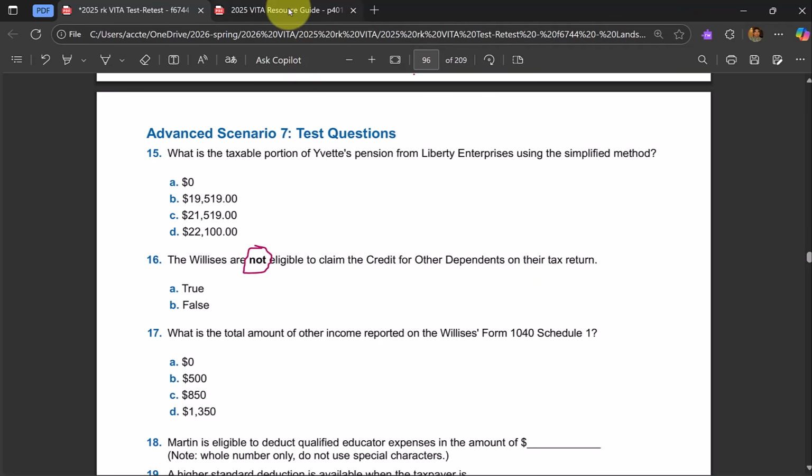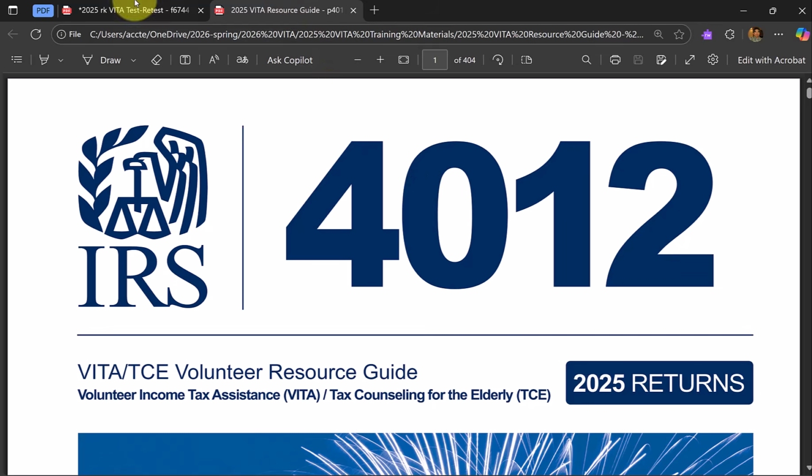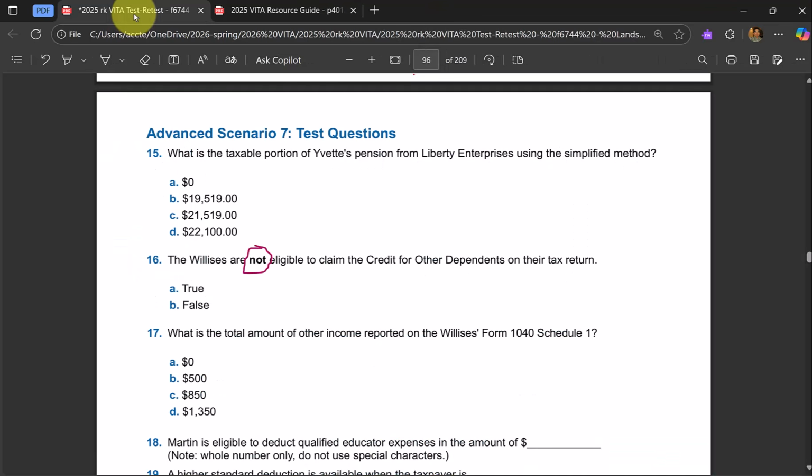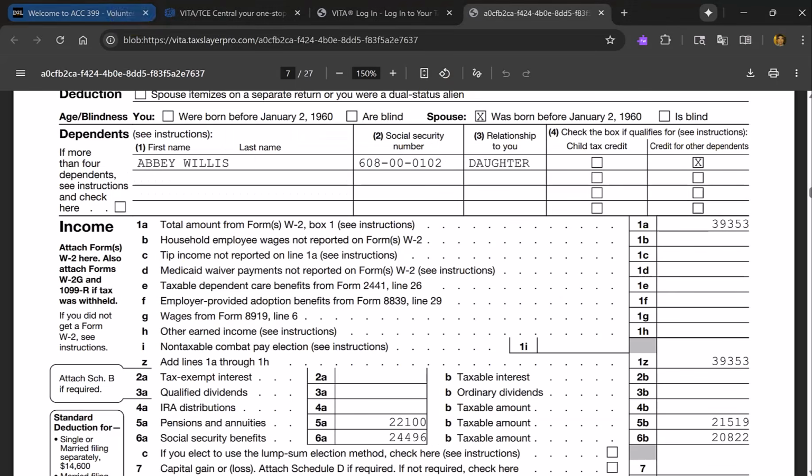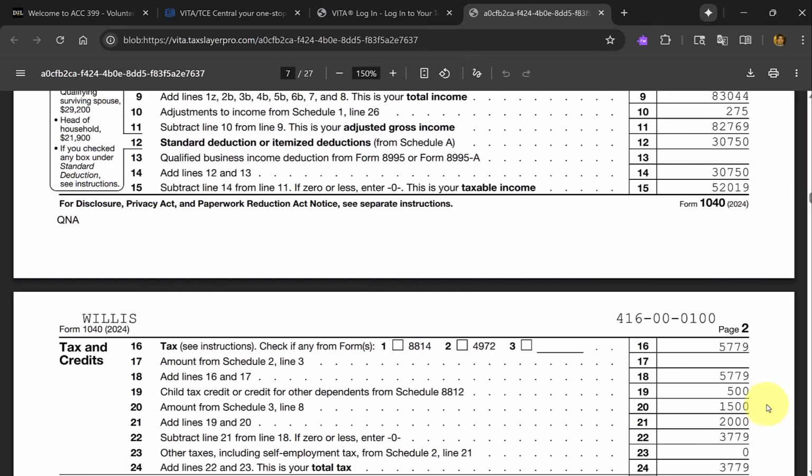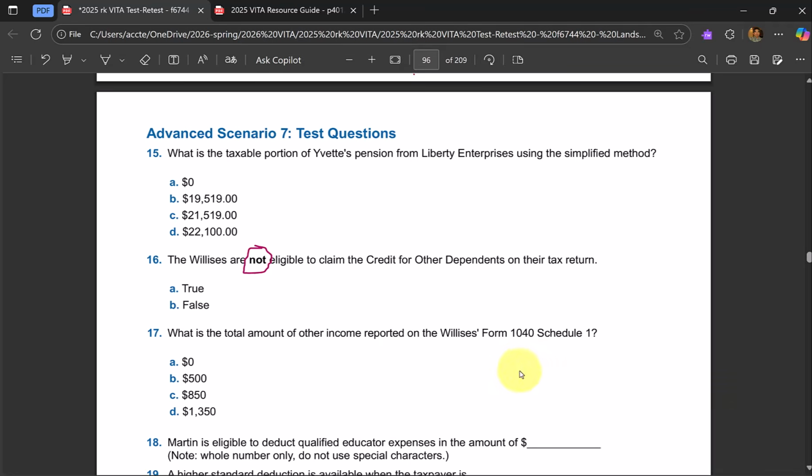Now, where am I looking? Tax return, right here. Credit for other dependent, checked off. Here on the next page, that's this $500 credit, reducing the tax liability. Not eligible. That's a false statement. They are eligible.